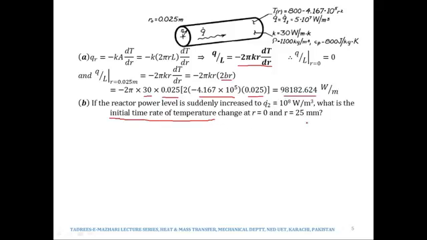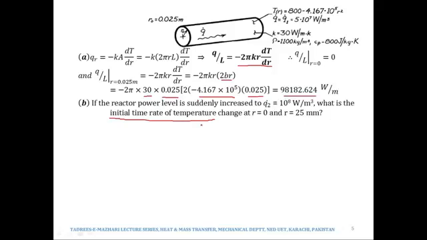Since we have to find out the time rate of temperature change, we would start with the heat diffusion equation in the cylindrical coordinate system. Since T is a function of r only, as T is a plus br square, we do not need to write the second and the third terms of the heat diffusion equation.